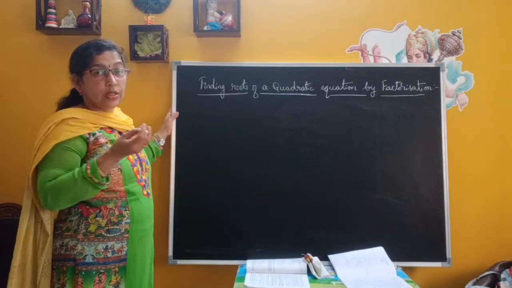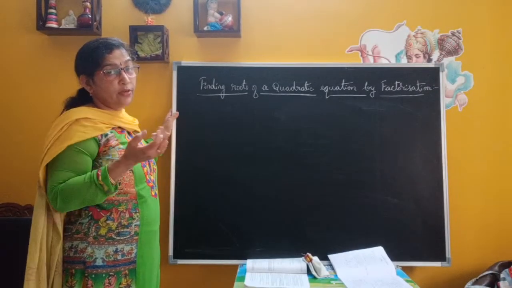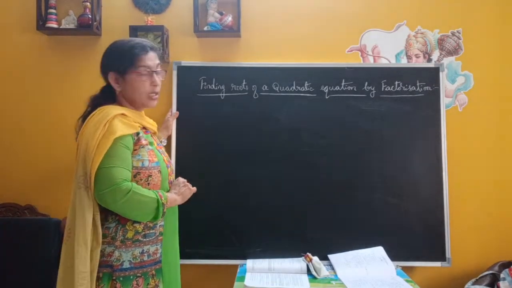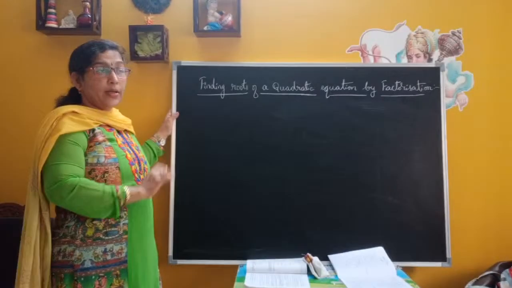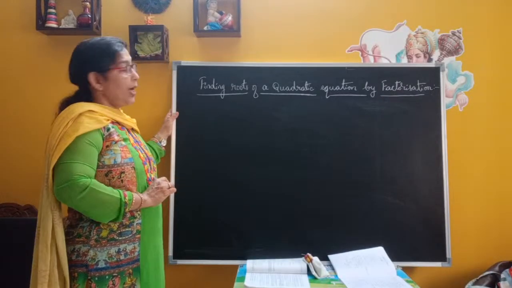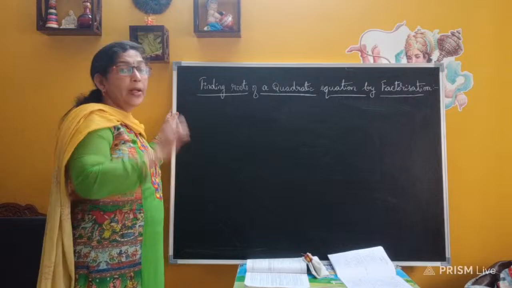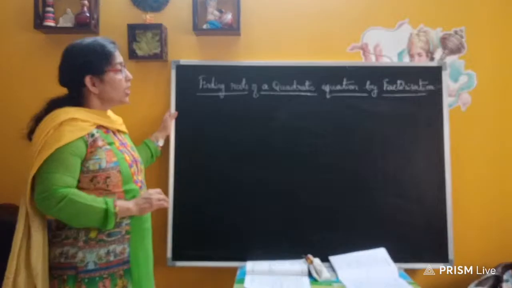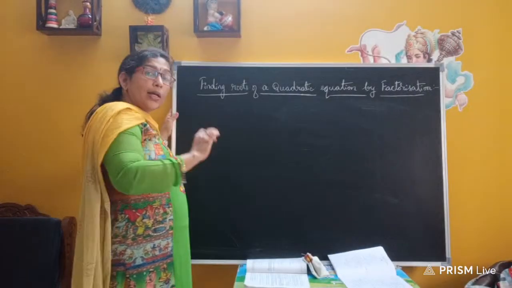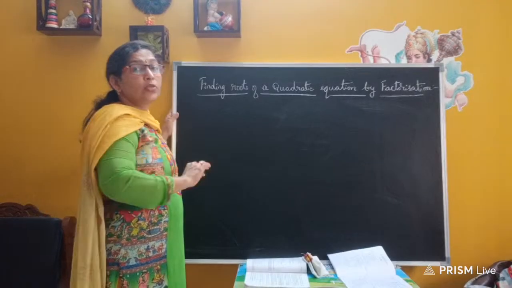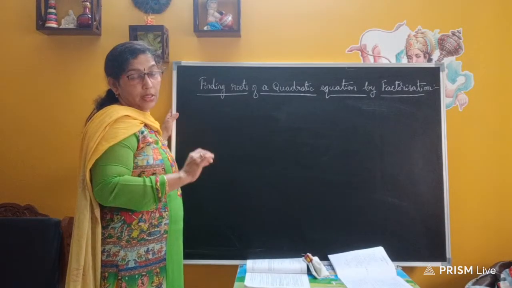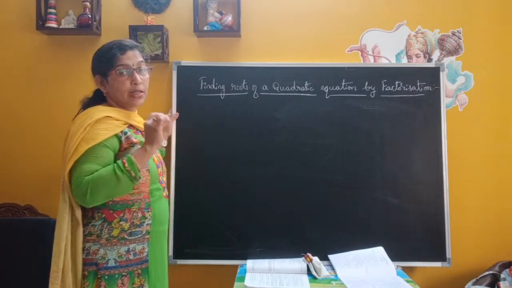One method is using the formula or identities; using different identities we can factorize. We can factorize by grouping the terms, and we can also factorize by splitting the middle terms. When we get a quadratic equation, especially we use this method, the splitting the middle term method. It is famous as splitting the middle term only.